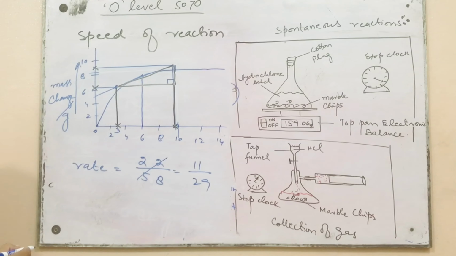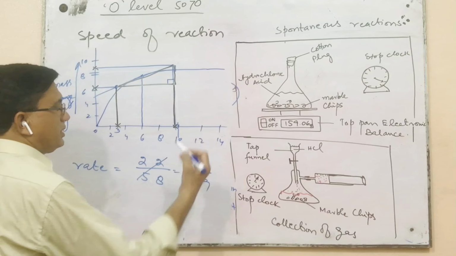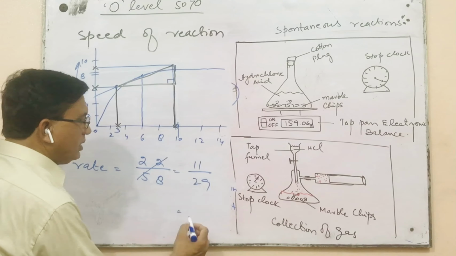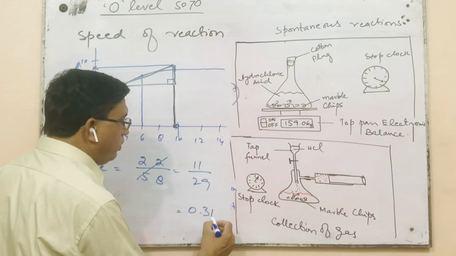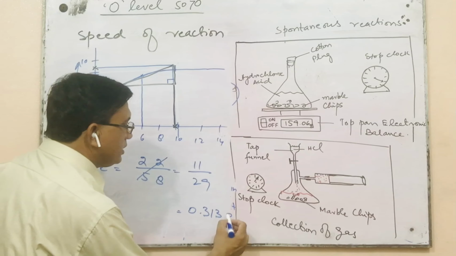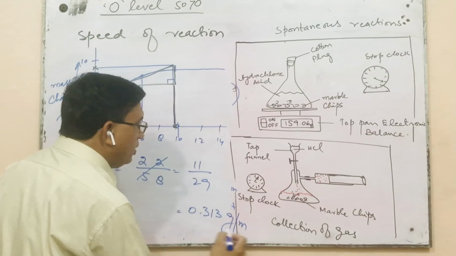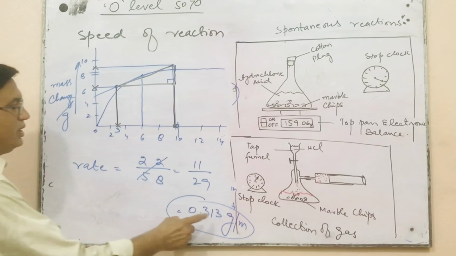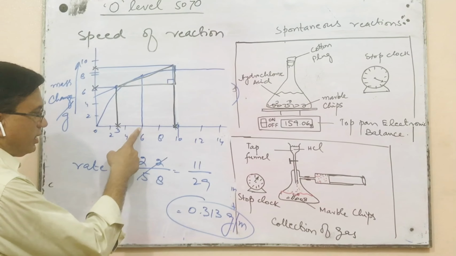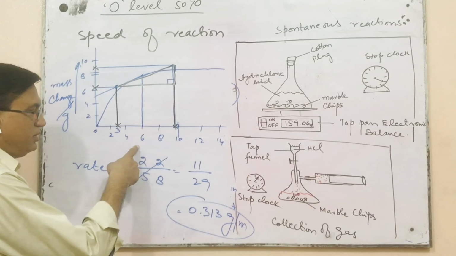This is approximately 30, about 1/3, 0.313. This is gram per minute. Now, this answer will be the instantaneous rate of reaction at the time when time is 6 minutes.